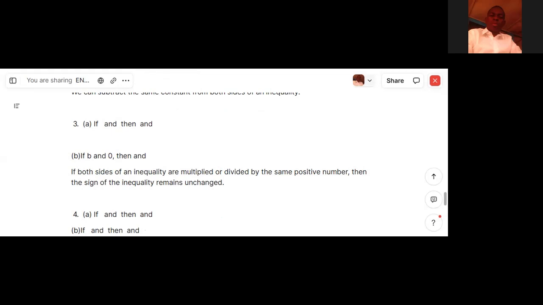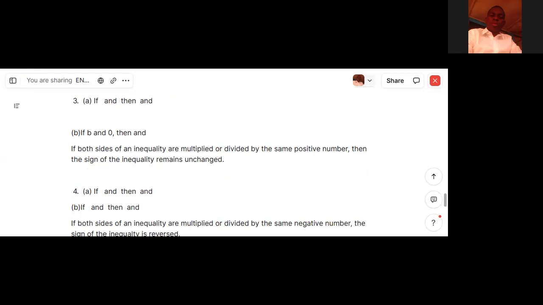Note that A greater than B, and AC will still be greater than BC, provided C is greater than 0. Also A divided by C will still be greater than B divided by C, provided still that C is greater than 0. Please bear up, my notations are not coming up on the Zoom platform.